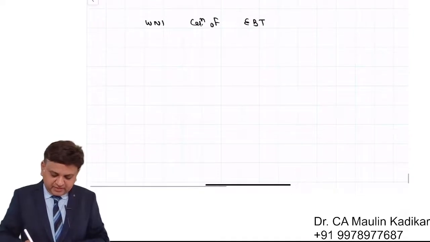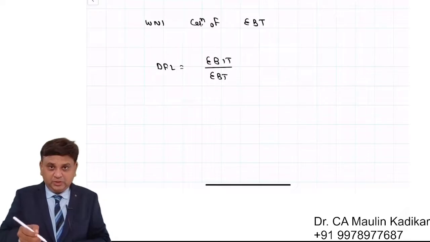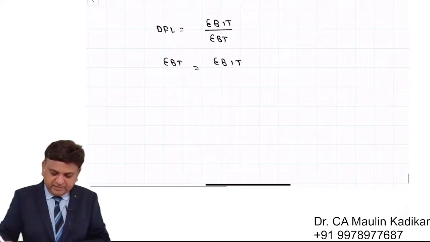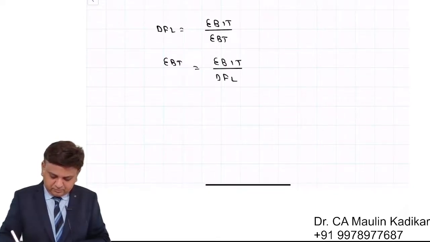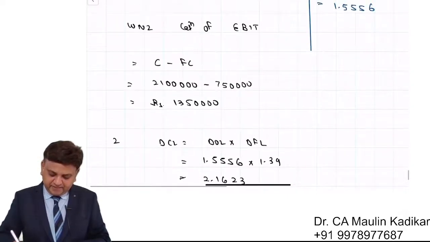So friends, we understand DFL is EBIT upon EBT. So over here EBT is supposed to be found as balancing figure, that is EBIT upon DFL. We already have found EBIT.